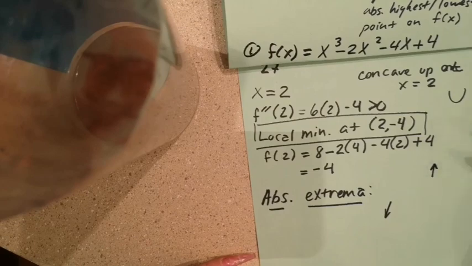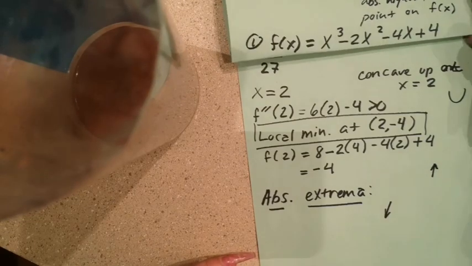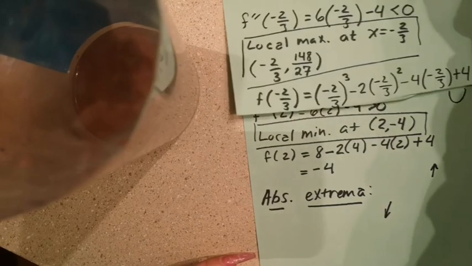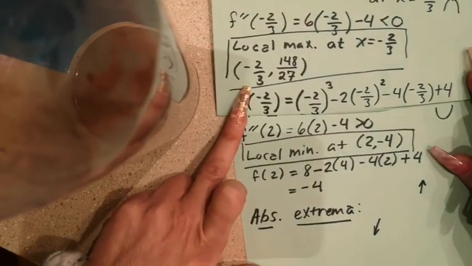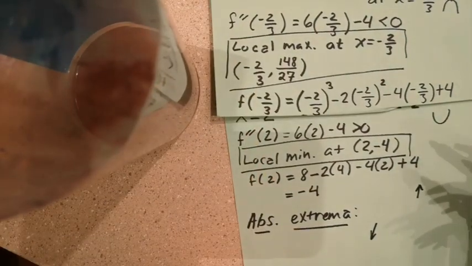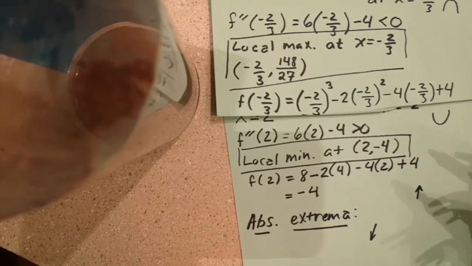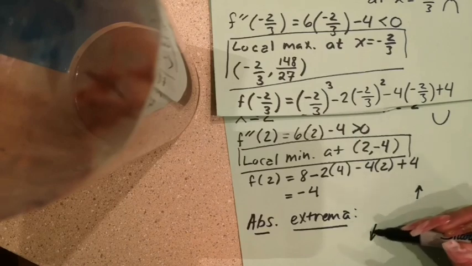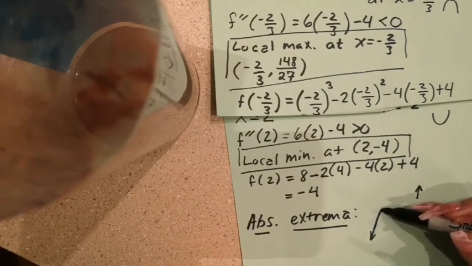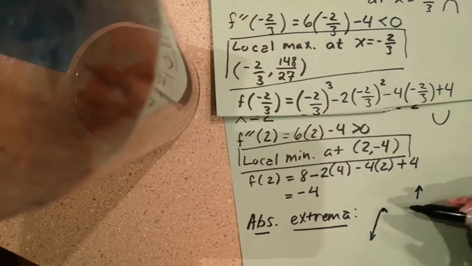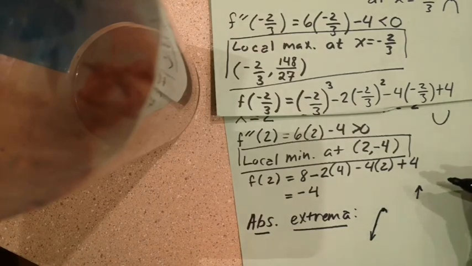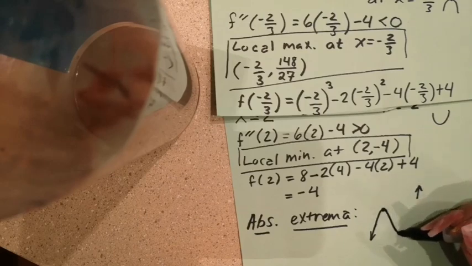On the right side, the graph's going to go up. So I'm just thinking really roughly about what this graph might look like. I have this local max at negative 2/3, and then 148 over 27. So I'm going up, and then I hit this local max. So there's that point. And then my local min is over at 2, negative 4.